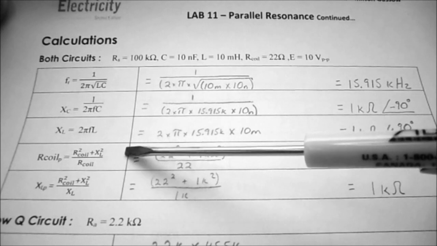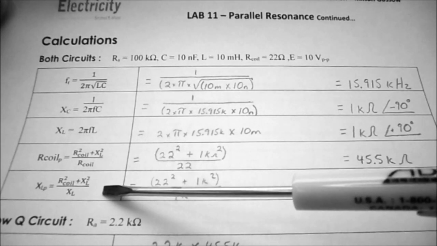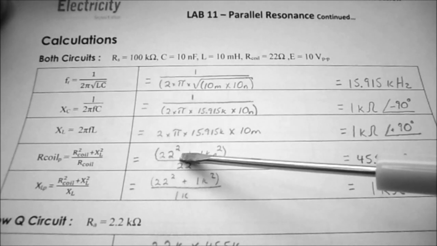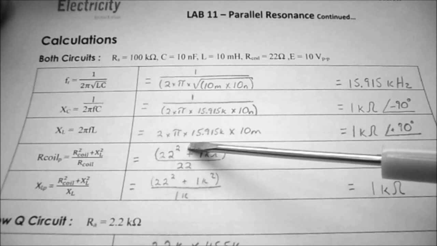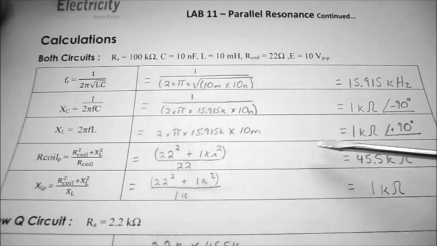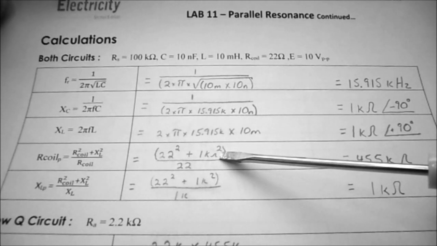We now have to convert the coil and XL to their parallel equivalents. So our coil becomes 22 ohms squared plus the 1 kΩ squared, which is XL. So we're still working at resonance frequency.